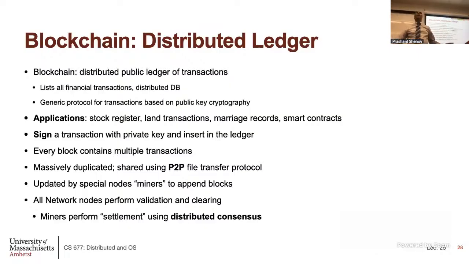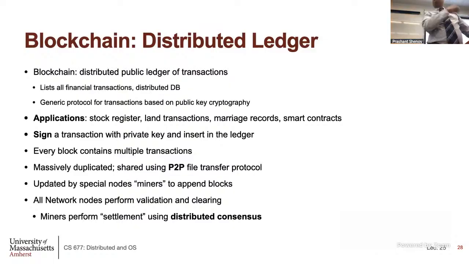So the miners have to now run a consensus protocol, because you can't just arbitrarily add whatever you want. Then the ledger will have bad information, because if one of the miners is malicious, it can insert bad information. So you always have to run a distributed consensus protocol before you agree that this is the next record to add to our ledger.